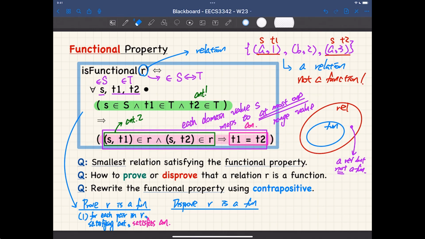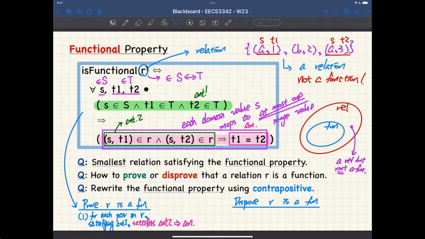So this one here should be antecedent 1, and you want to make sure it's satisfied that antecedent 2 implies the consequence. It is a little more complicated than what we talked about before because here we have two implications. But we'll see more examples as we go through today. That'll be approach number 1.